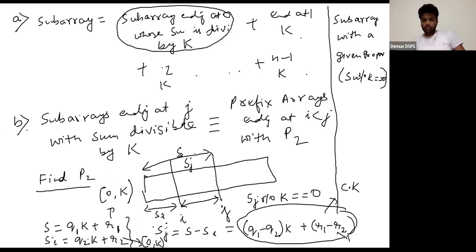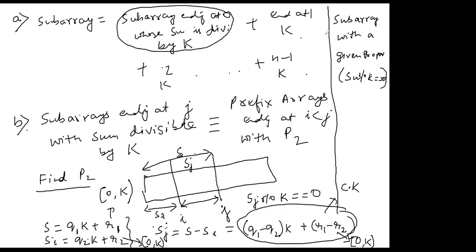R1 minus R2 is in what range? R1 minus R2 is also in 0 to K. Right?